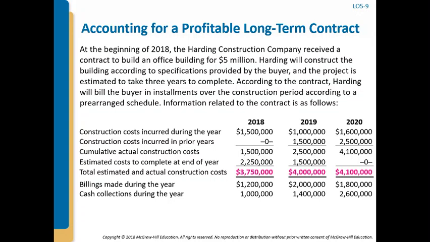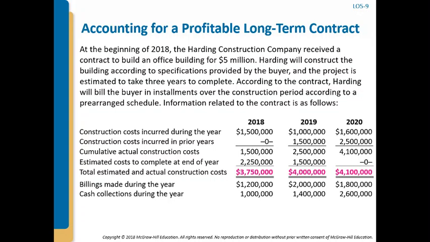All right, so anyway, now at the end of year 2, they're estimating 4 million. So already they've eaten into their profit margin $250,000. Billings made for year 2 is 2 million, and collections during the year is 1.4 million. In that last year, year 3, construction costs incurred during that year is 1.6 million.